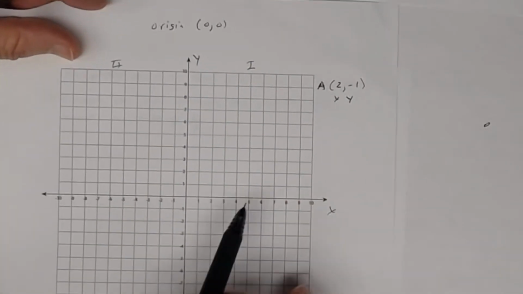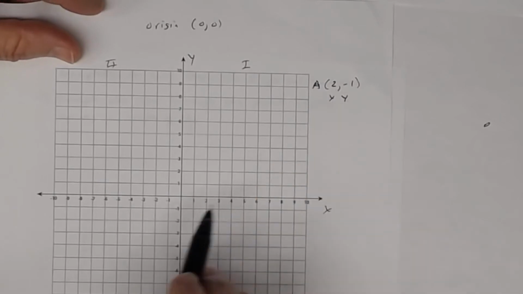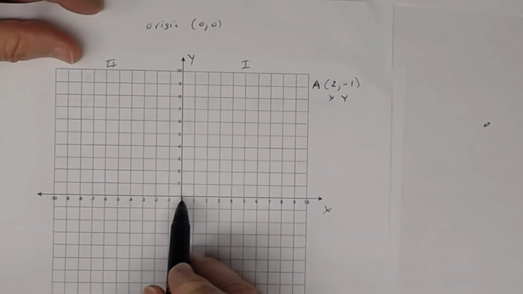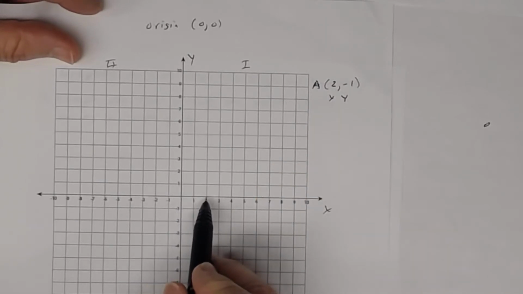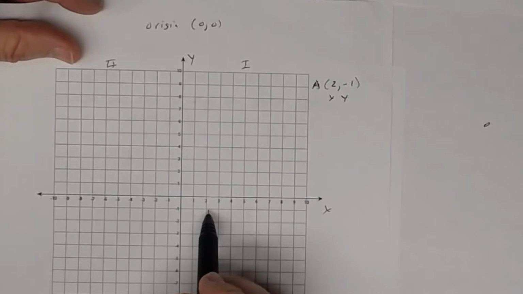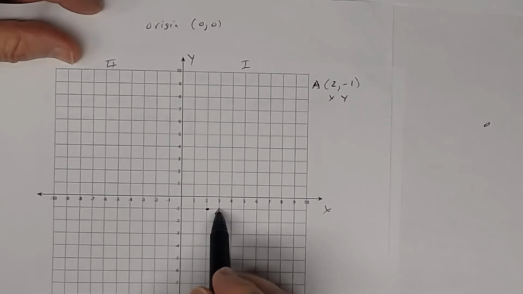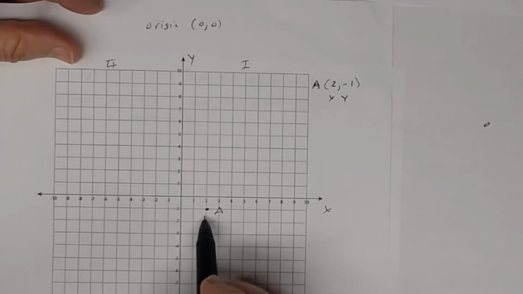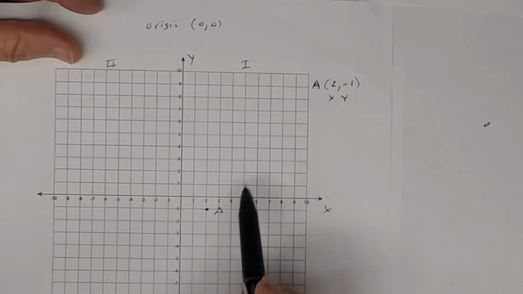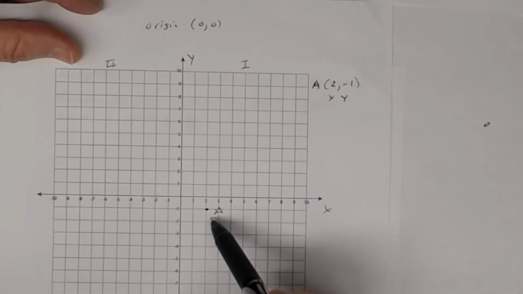From the origin, since x is positive 2, you're going to go to the right 2. And since y is -1, you're going to go down 1. So this is the point A right here. That is where this point is located, in quadrant 4.